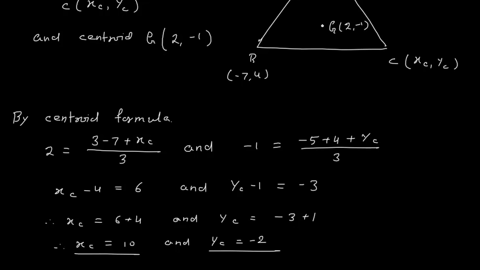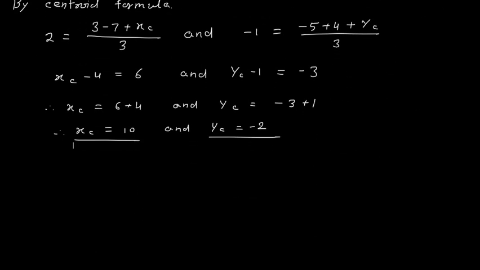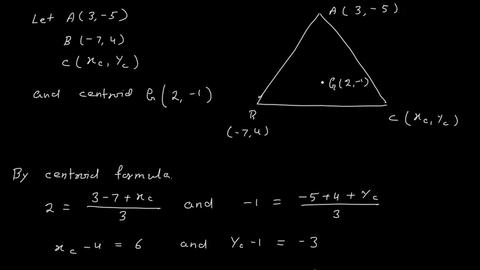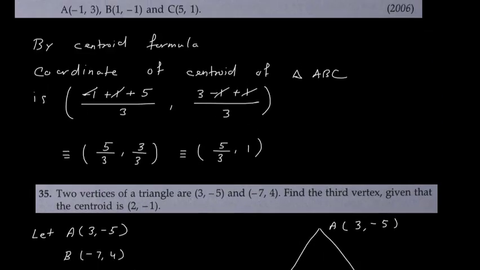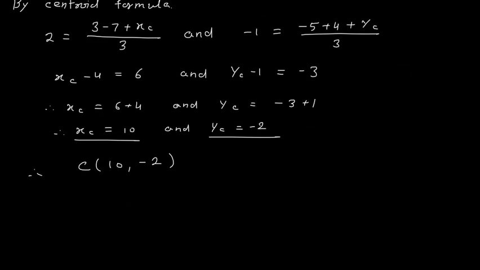Okay, this is 35th question. Now here the last question is the vertices of triangle A, B and C. These are the three vertices. We have to find the value of P and Q if the centroid of triangle ABC is 1, minus 1. So again you can use the centroid formula.